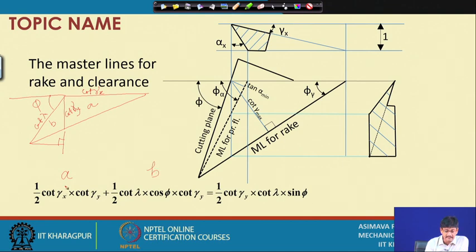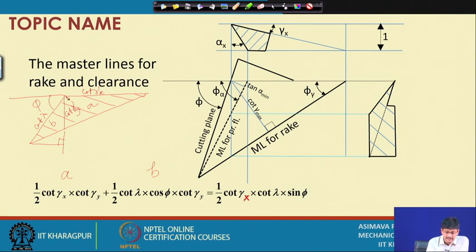Now, if I add A and B, I must be getting the area of this triangle. What is the area of this triangle? The base is cot gamma x. So, what have I written here? It should be, please correct this, cot gamma x. So, sorry, but this is now correct.